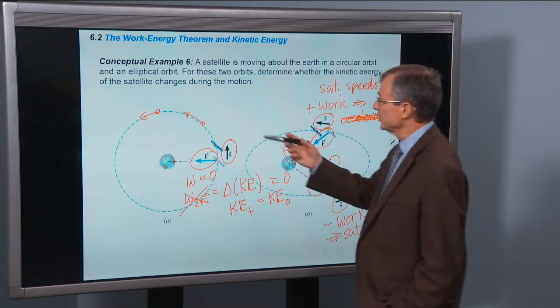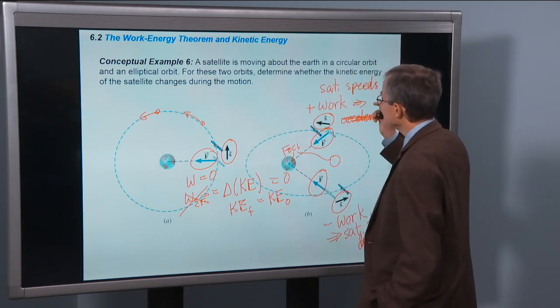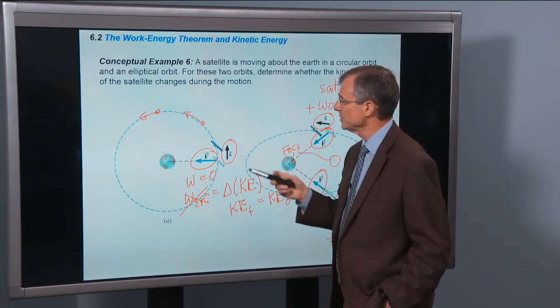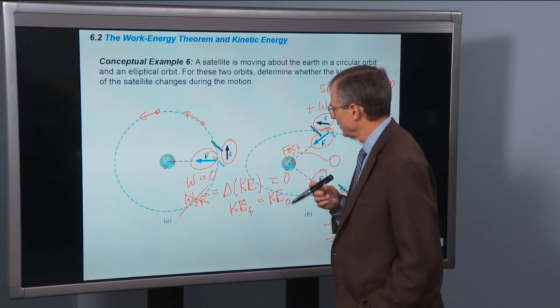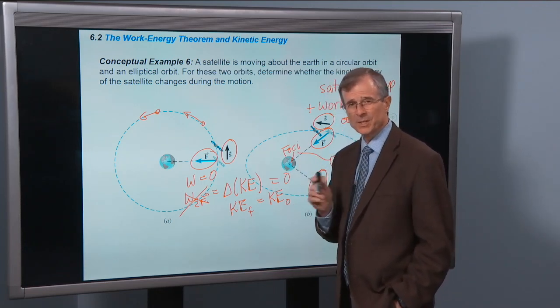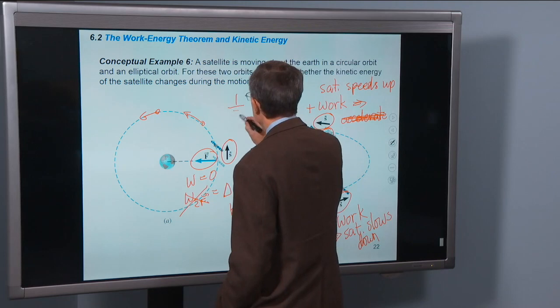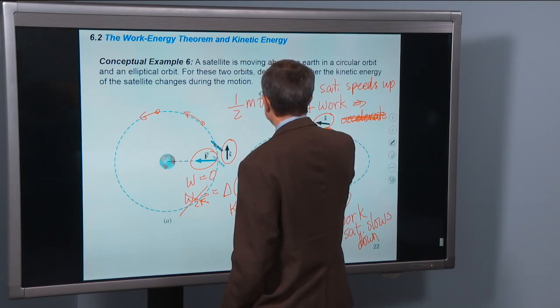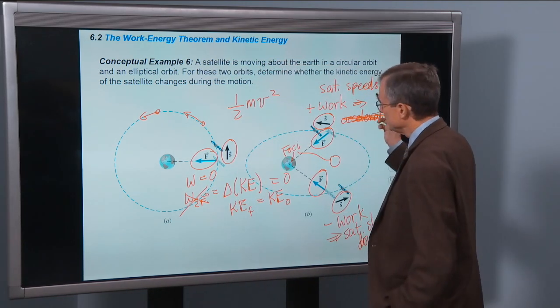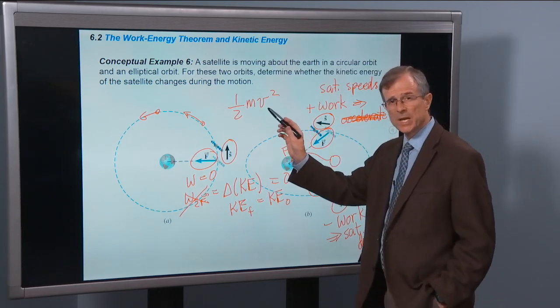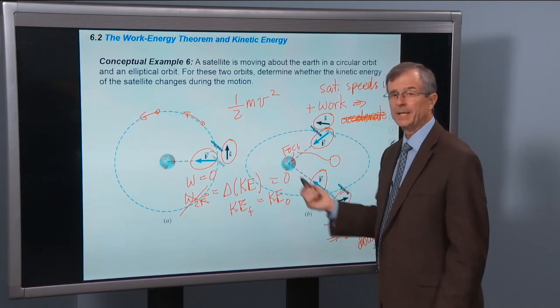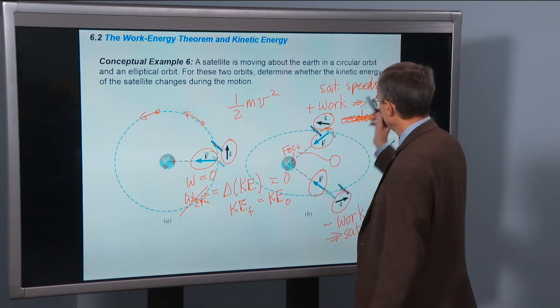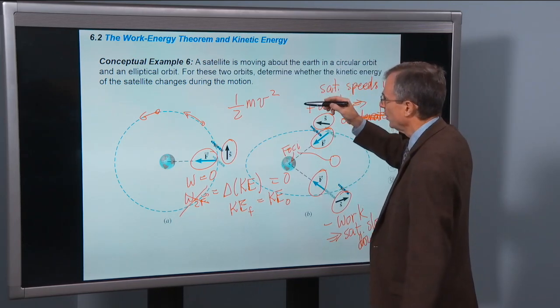Okay. So we can now answer the question, for these two orbits, determine whether the kinetic energy of the satellite changes during the motion. Well, the kinetic energy only depends on that speed. It's 1/2 mv squared. And so when it speeds up, that speed is changing, and the kinetic energy is going to increase, in this case here, as it's approaching.